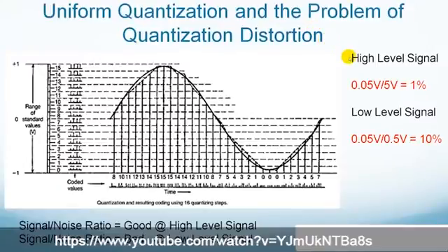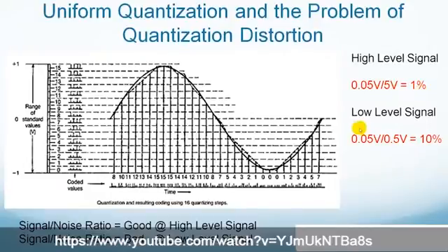In uniform quantization, the quantization distortion presents a problem. For example, let's assume a quantization error of 0.05 volt. If this happens at a high-level signal, such as 5 volt, the noise ratio is 0.05 volt divided by 5 volt, which is 1%. Not too bad.